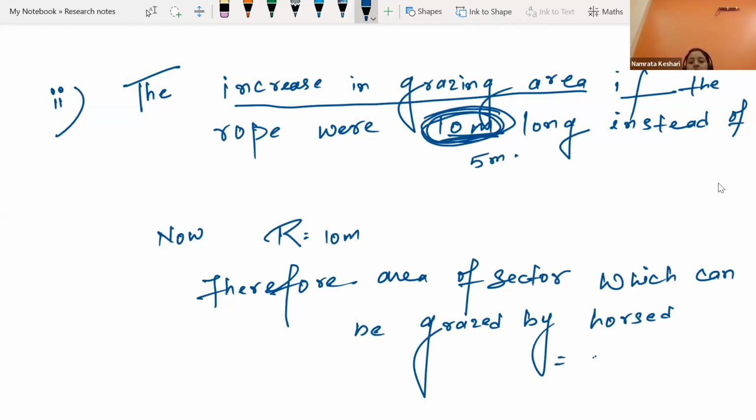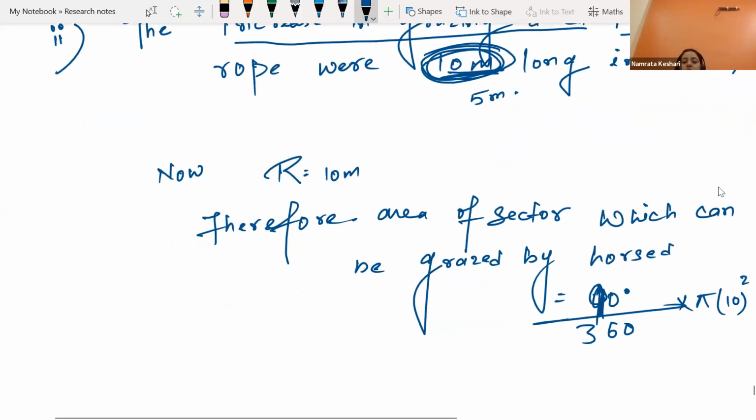Whatever you want to write, write it. Please find the area over here also.